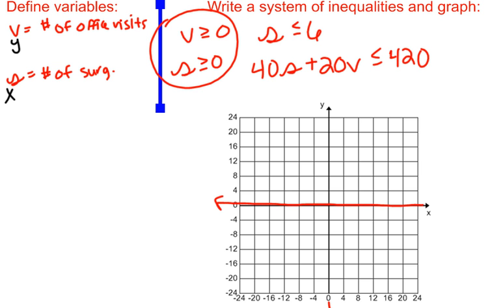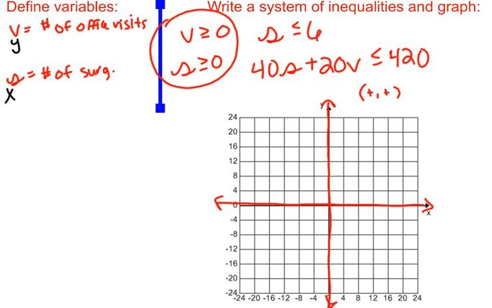So I'm going to graph that one. And my s is greater than or equal to 0 is a vertical line at 0. So I'm going to graph that one also. I'm just choosing to remember that the shading is in that first quadrant. It's right here where there's only positive values. And I won't actually shade that. You can. I'm not going to say you can't, but I think it'll help keep the mess of the graph down. It'll be easier to read.